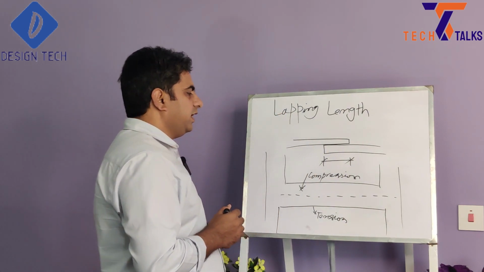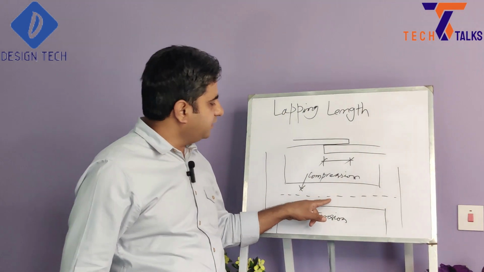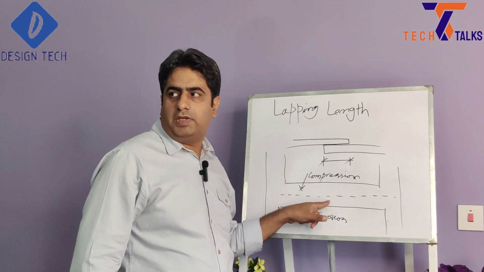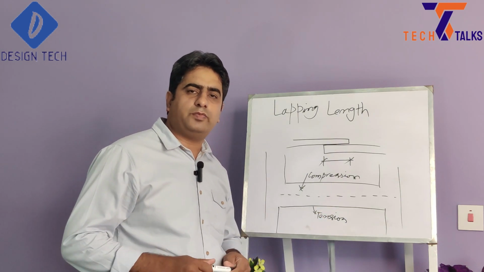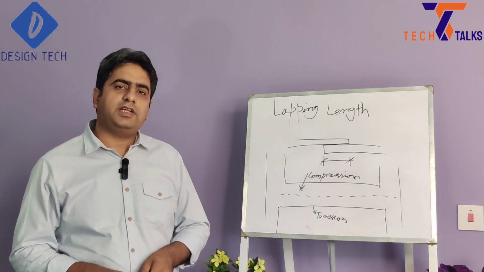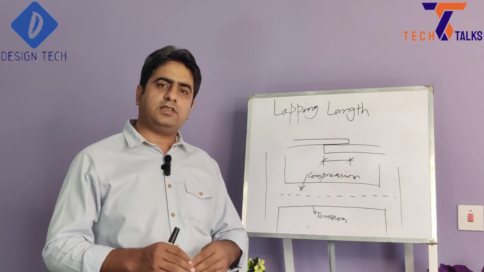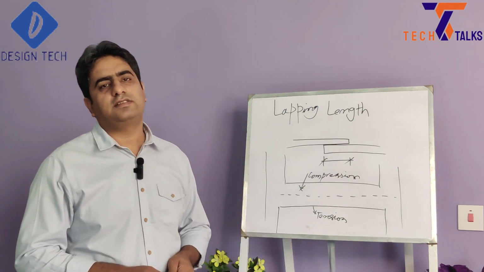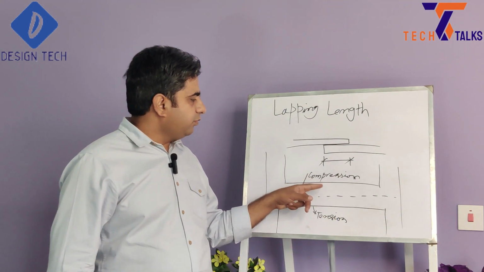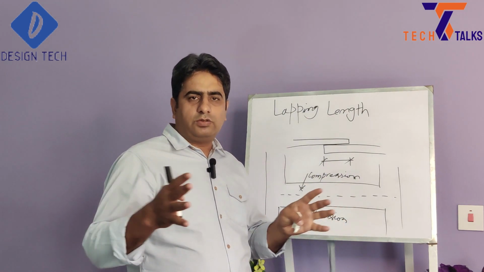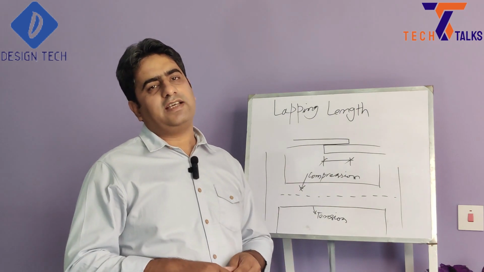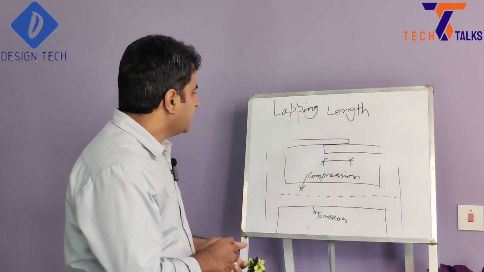So when we are providing this lap length in our tension zone, we need to be more careful, because when we have a reinforcement in tension zone, we need a proper calculation, or we need to fulfill its minimum requirement. And when we need to provide that lap length in its compression zone, it's a bit relaxing zone as compared to tension zone.